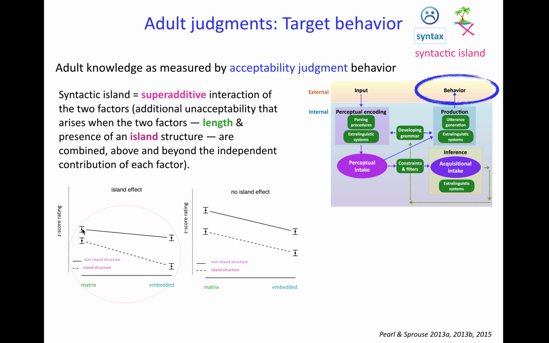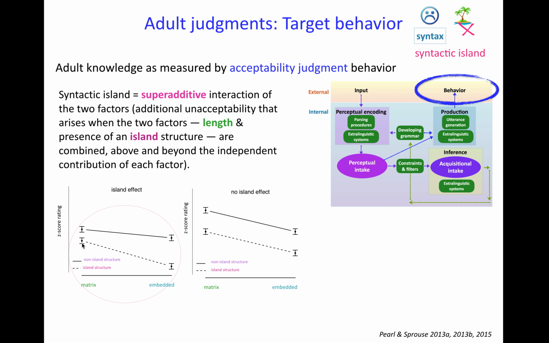So first, let's look at what happens when you go from the solid line to the dotted line. So that's saying don't have an island structure, have an island structure. That would be, in fact, from before, stimuli types 1 and 3. So we would have no island structure, right? And you would judge it to be, say, this acceptable. And then just the fact that you have an island structure in there at all has some impact.